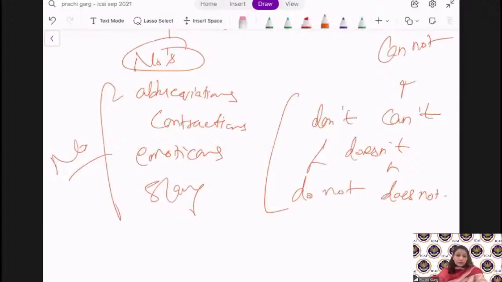Okay, so you need to take care of that. Everything has to be within the boundaries of what we call formal etiquettes. Am I clear? Yes. Okay.